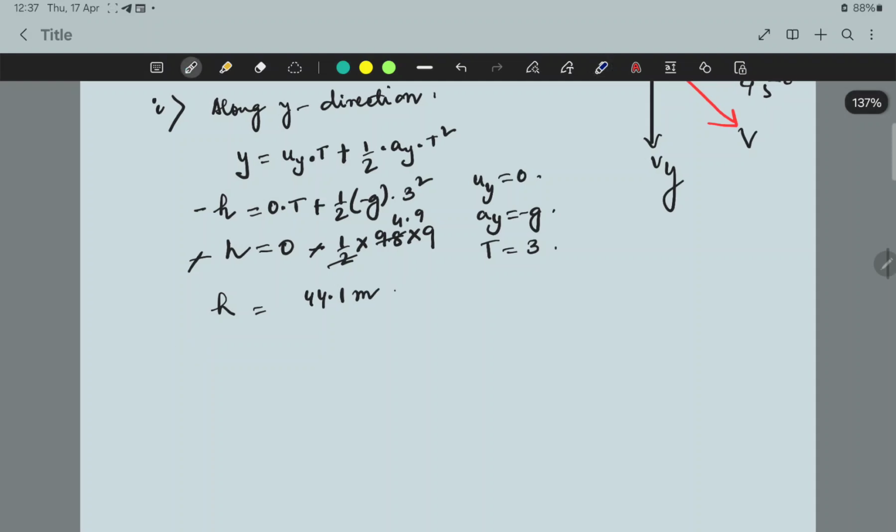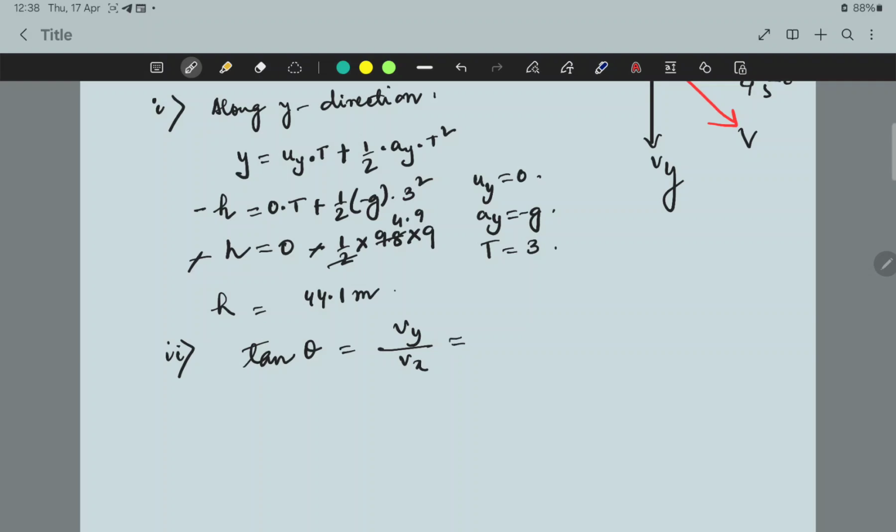Now since the angle is given to us, we know the velocity along the y direction and the x direction are related to this angle by tan theta equals Vy by Vx.